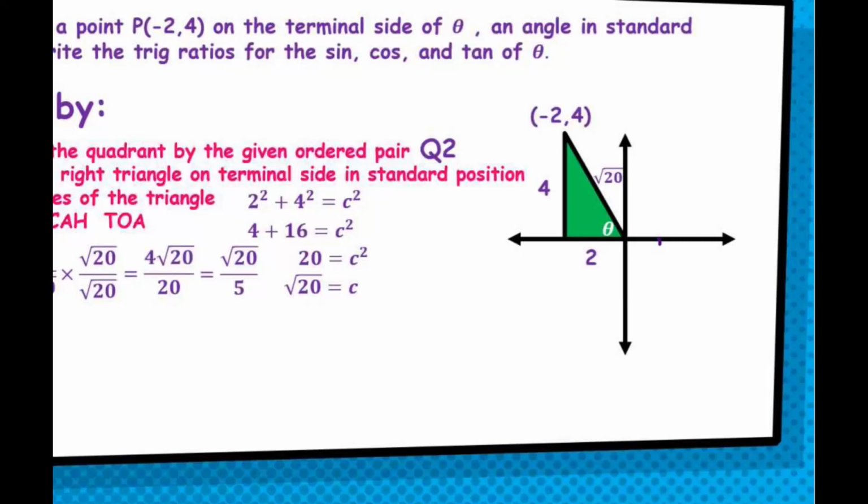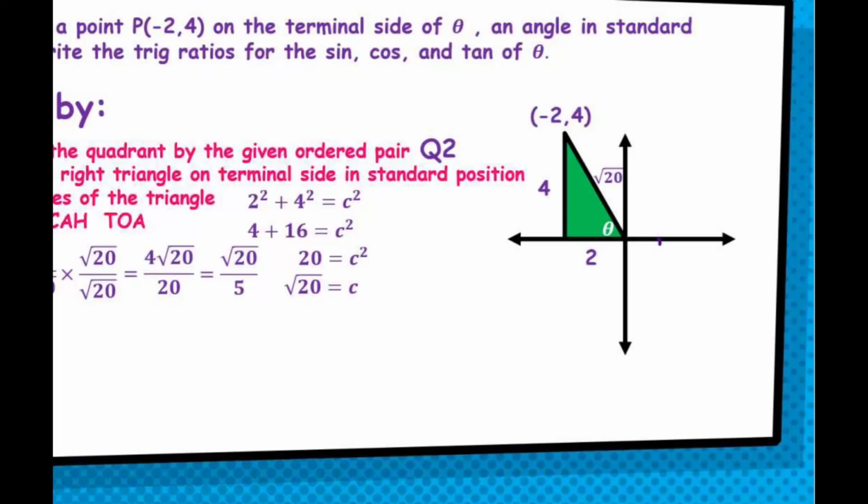I'm going to do it over itself, so I'm not changing the value of it. When I multiply by the square root of 20 over the square root of 20, that's really just multiplying by 1, which doesn't change the value of 4 over the square root of 20, but it allows me to cancel the square root in the denominator. And when I multiply square roots, I can only multiply the square roots together and the things on the outside of the square root.